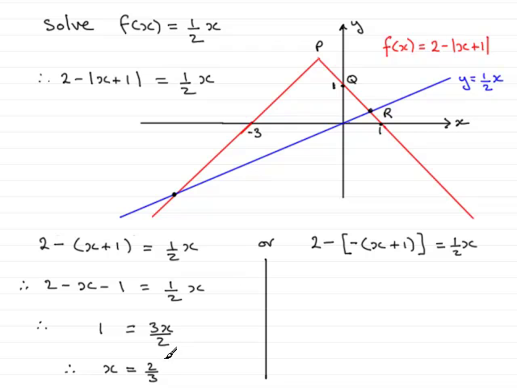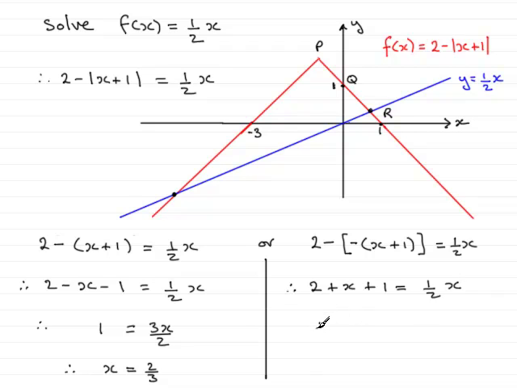So there's one solution. Now we have the other one here, so we just open up these brackets. We have 2 minus minus, that's obviously a plus, so we have 2 plus x, and then plus 1 equals a half x.